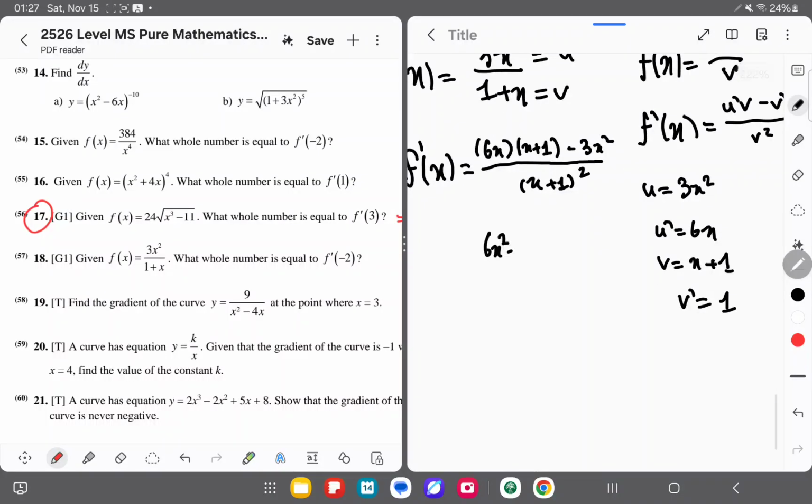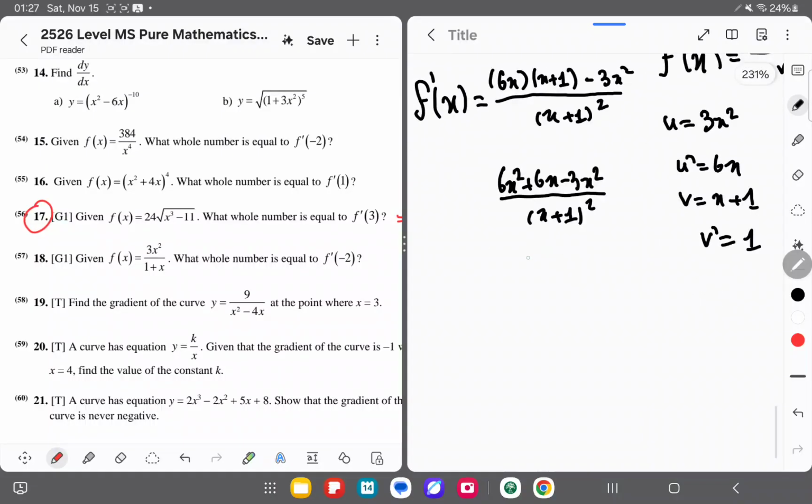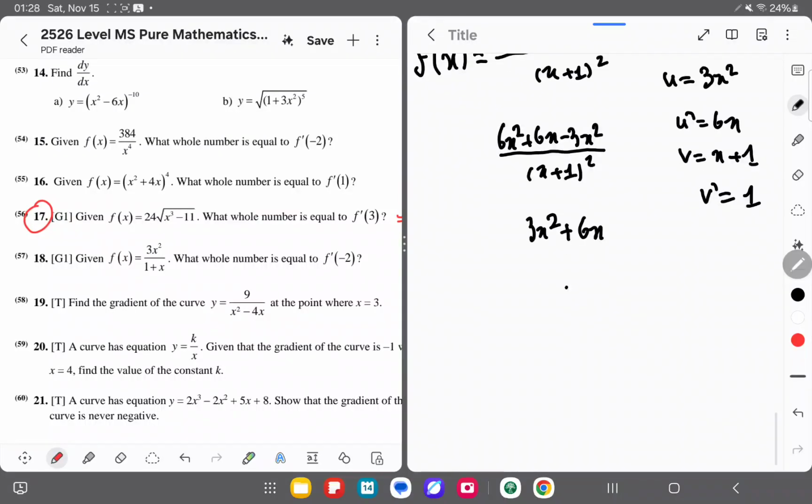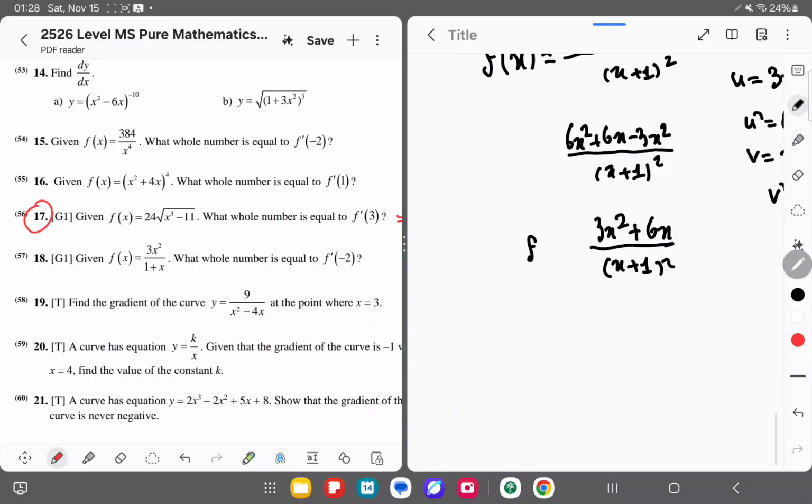I simplify. And then over here I can get 3, and now I can substitute from here. From here I get this, and then I can just substitute the value, so this is f prime of x.